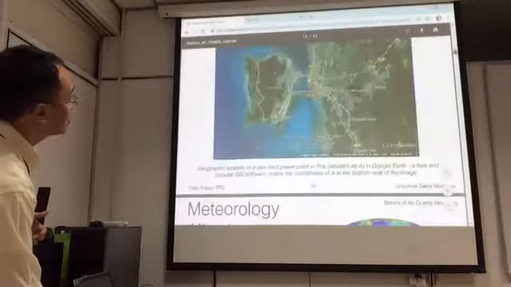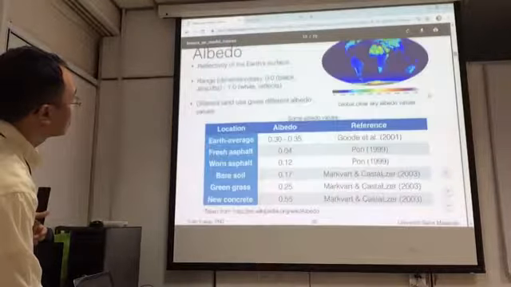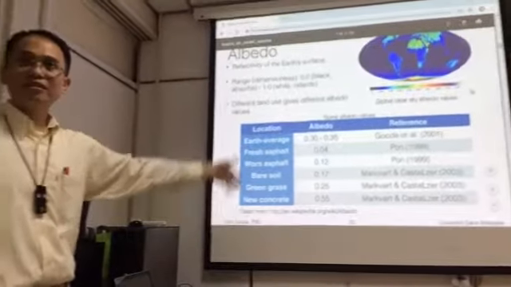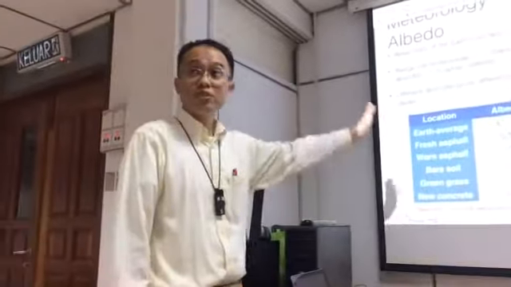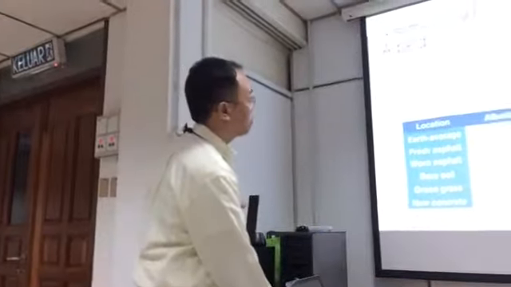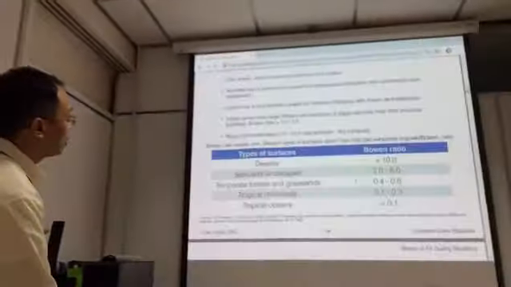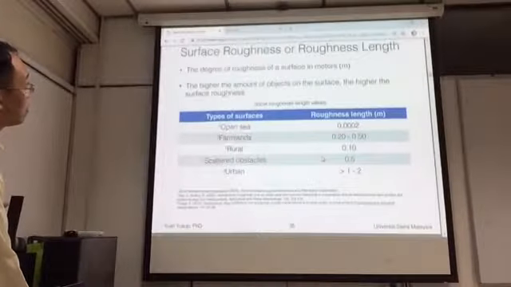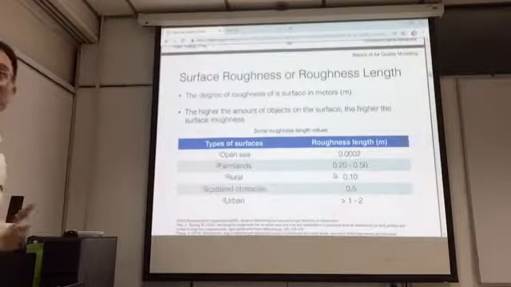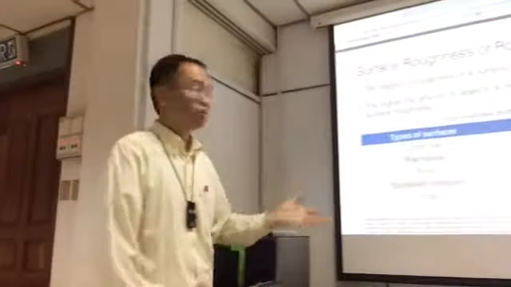Remember these slides? Some of these values, you can use these for albedo, for Bowen ratio, for surface roughness. You can use this for a first estimate if you don't want to search Google for it.